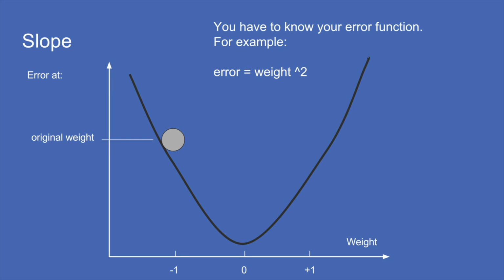So assume we had an error function that was the square of the weight, and you can see that our weight is right at -1. The first thing we do is take the derivative, change in error divided by change in weight, dE dW. The derivative of weight squared is 2 times the weight. And so we plug in our weight of -1, and we get a slope, dE dW, of -2.